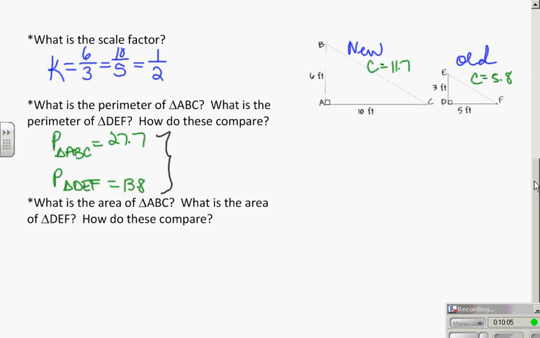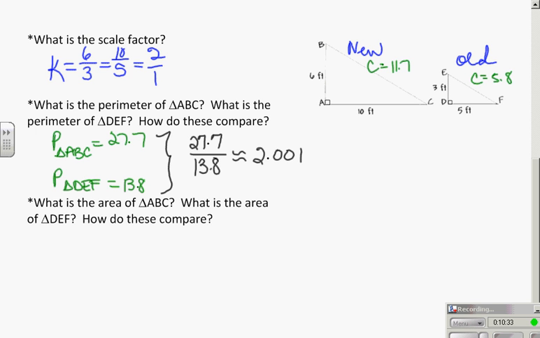When I put these into a ratio, I expect to get, I made a mistake up here, I'm sorry, 2 over 1. Bet you were all wondering about that. When I put these two into a ratio of new over old, if I do this division, I get this. Now I should get 2.